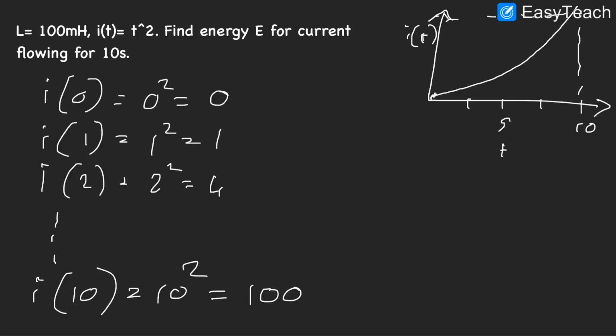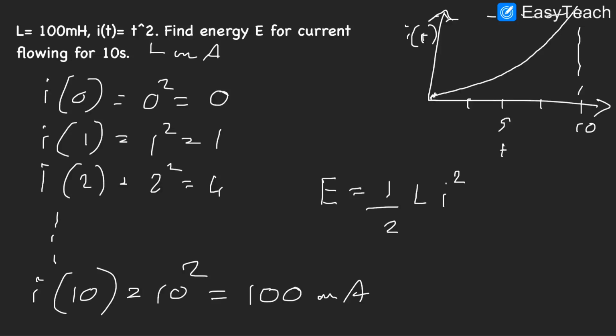Alright, so I have missed out some information. This current is going to be in milliamperes. So this is going to be 100 milliamperes. Alright, so now I have my current value. So I have my inductance. So the expression for finding energy is given by energy in an inductor is half times Li squared.